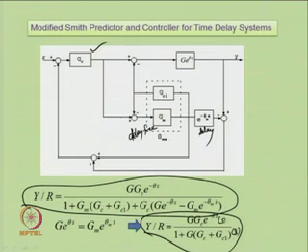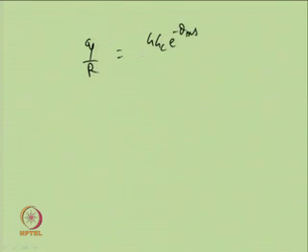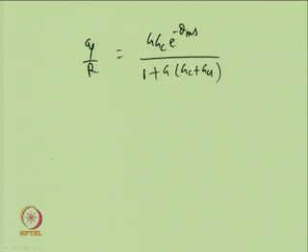This closed loop transfer function shows us that y upon r equal to G G c e to the power minus theta m s upon 1 plus G G c plus G c 1. This could be theta s as well, since we assume that G e to the power minus theta s is equal to G m e to the power minus theta m s.